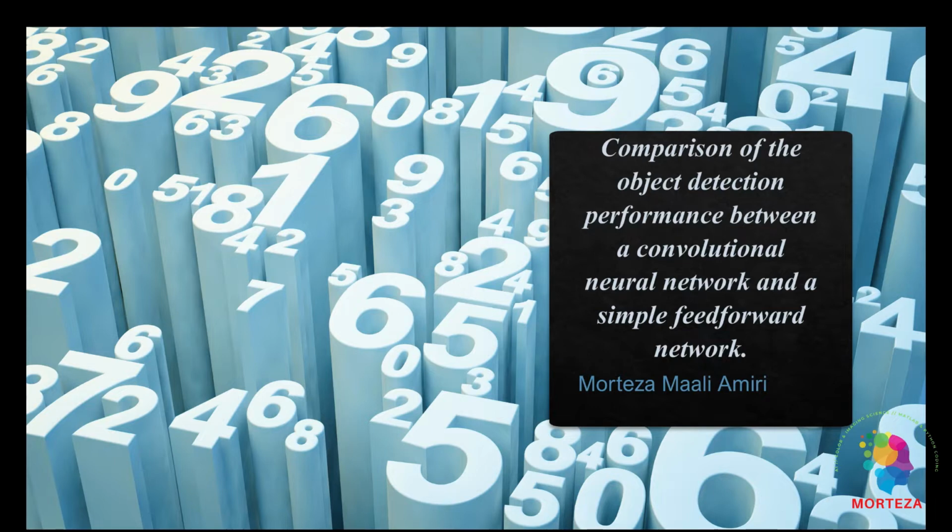So let's see what's gonna happen when we add a layer of convolution to the network, and we're gonna compare the results of applying the convolutional neural network with the simple feed-forward neural network.